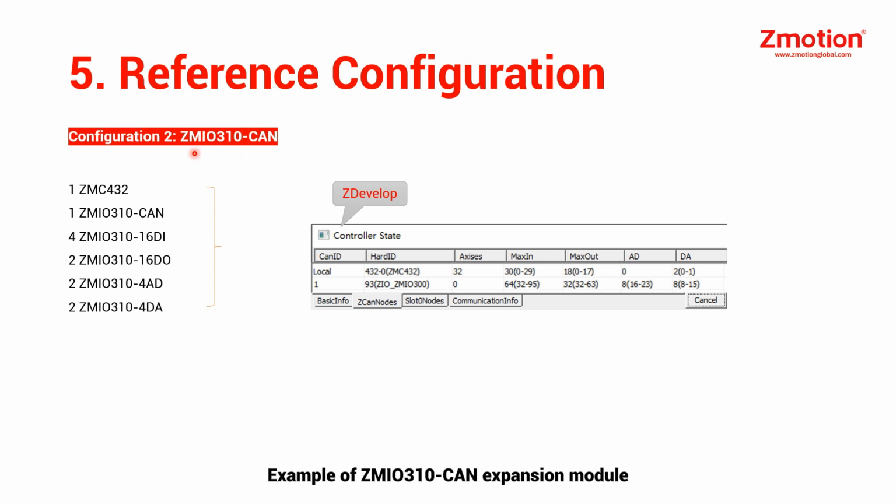Example of ZM-IO310 CAN expansion module. 1 controller ZMC432. 1 ZM-IO310 CAN communication module. ZM-IO310 16 DI input submodules. ZM-IO310 16 DO output submodules.